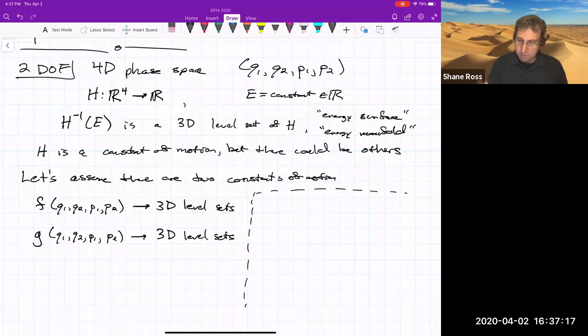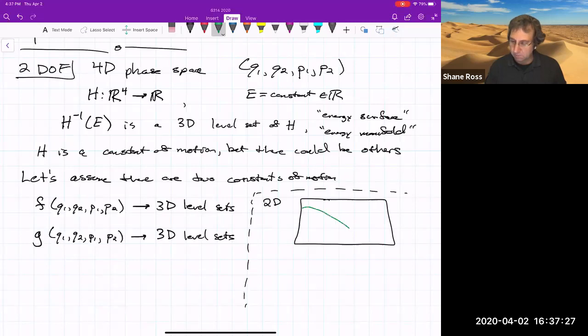If our phase space was 2D and we had two constants of motion, a level set would be just a 1D curve, and the level set for another one would be just another 1D curve. And unless they happen to be parallel, they would intersect in just a zero-dimensional set.